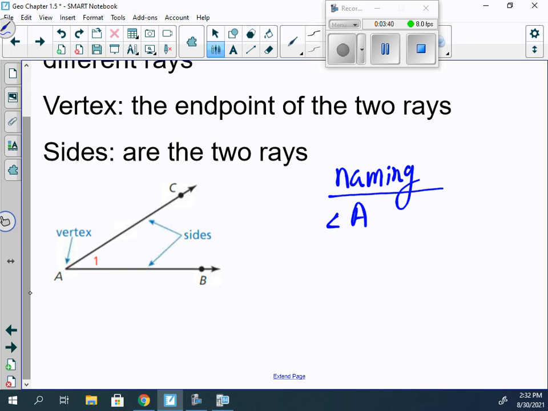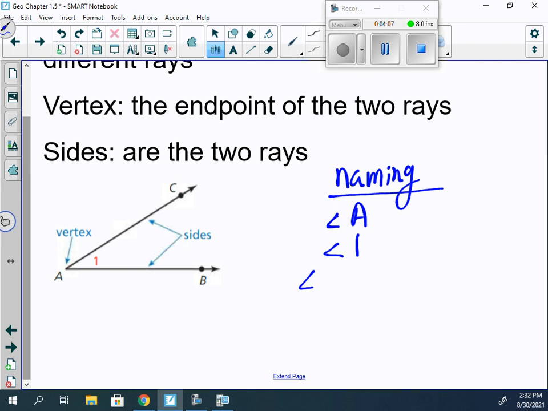We'll look at an example coming up where I can point that out to you. Once we see it, it'll make sense. The other way that we can name it is based off a number. If you notice, they have the number 1 inside the angle between the two rays. We can use it to name the angle. So I can call this angle 1.